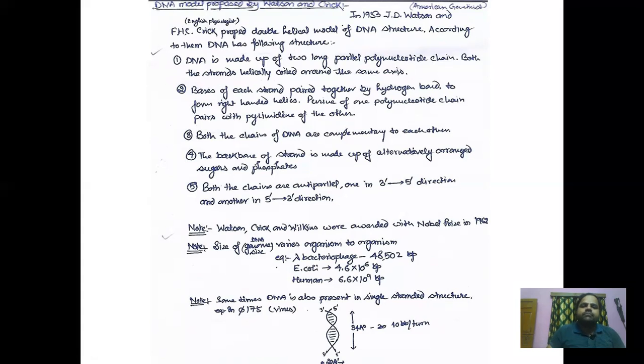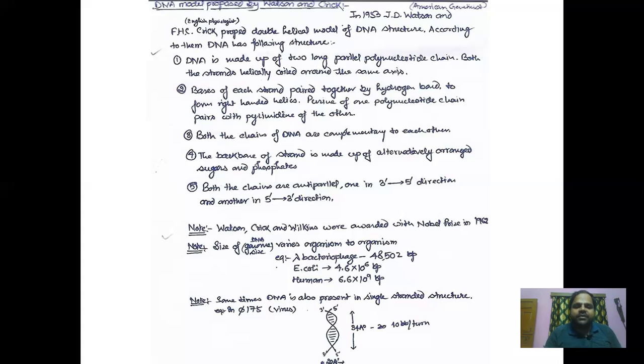We see here that both the strands are attached with each other through hydrogen bonds, and a purine of one polynucleotide chain, meaning a purine of one strand, will pair with a pyrimidine of the other chain. The third point is that both the chains of DNA are complementary to each other. It means one strand will be complementary to the second one.